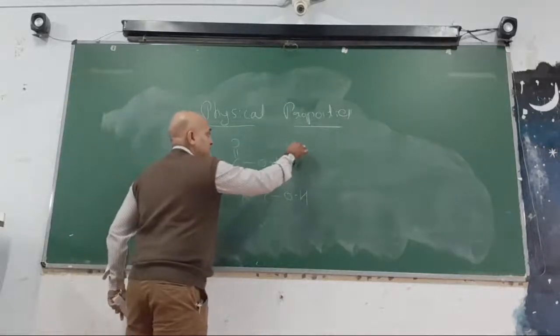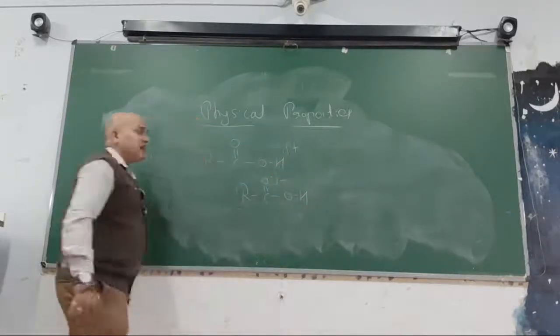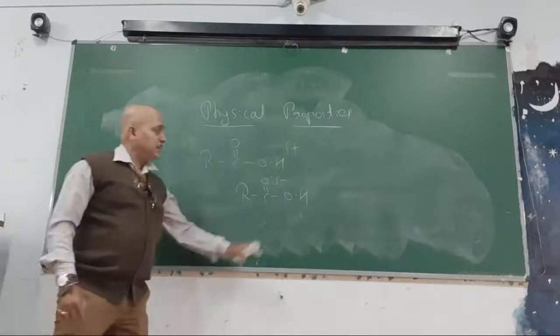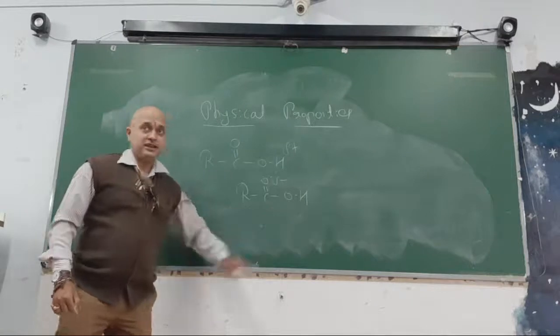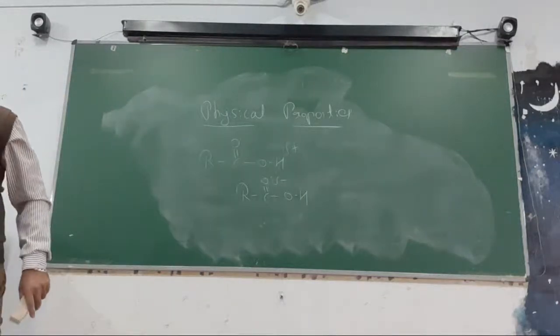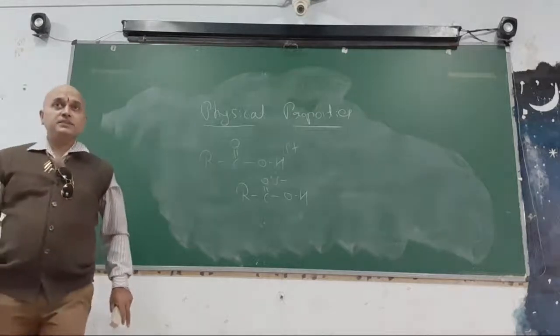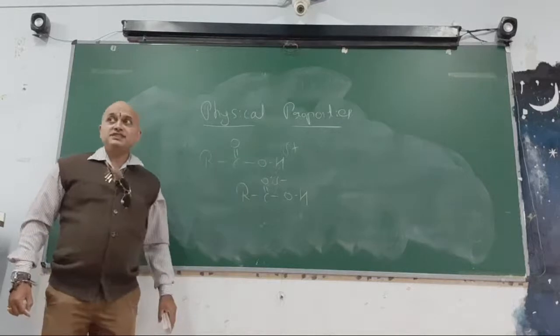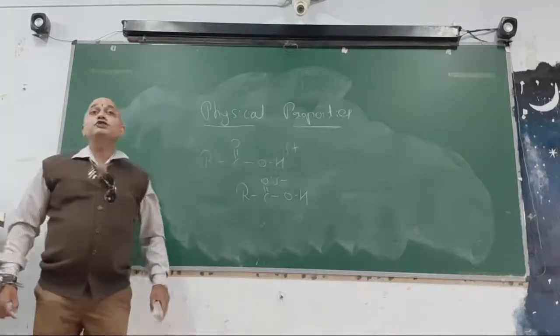So that's where delta positive, delta negative. Even this oxygen can be included, because of the delta negative sign, partial negative charge, due to the presence of dipolarity. Okay, that's where we can have the hydrogen bonding.